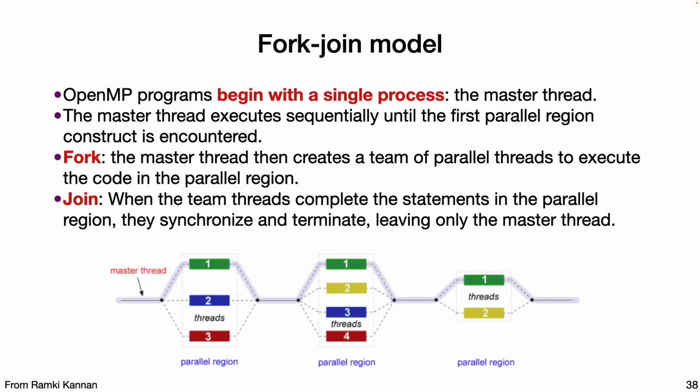You can have a bunch of parallel regions, and they don't all need to have the same number of threads. Here it's 3, then 4, then 2. So it doesn't need to be a fixed number of threads, and you can have an arbitrary number of parallel regions and an arbitrary number of threads. And you don't have to manually do this fork and join, like we were doing in pthreads; here it's just done under the hood for you.